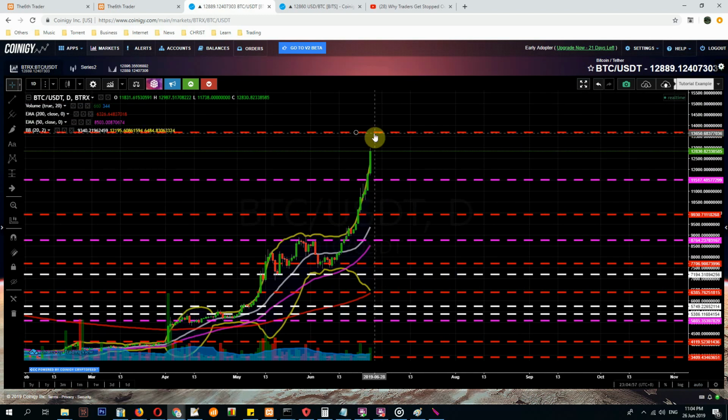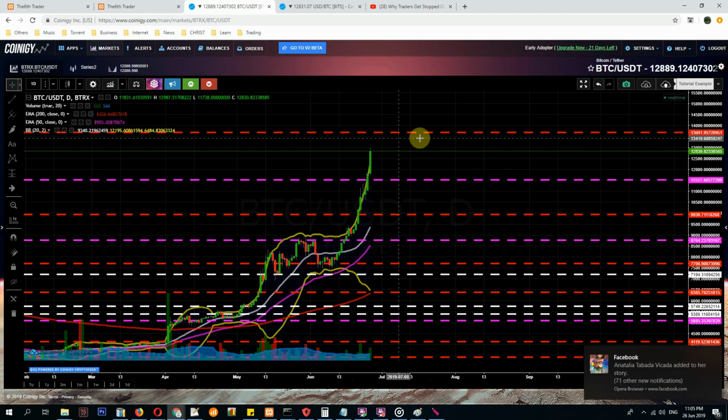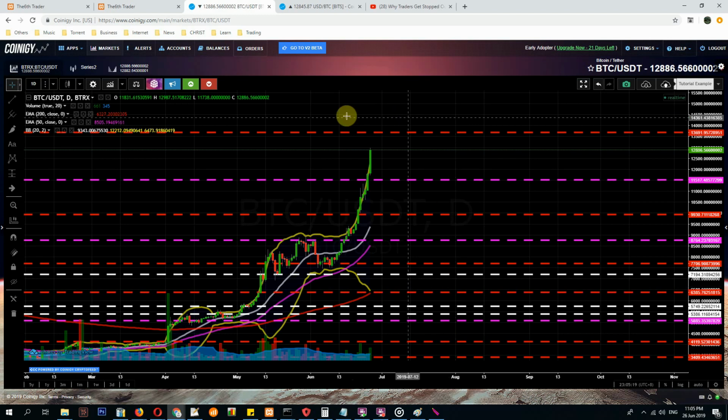So chances are it's hard to break. Now there's a chance that we will retrace after hitting this, because this is a major resistance. This is the most significant resistance among the purple, the white, and the blue, which is the hourly. This one is monthly.